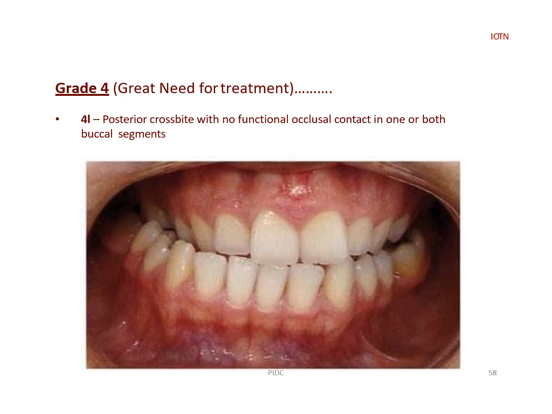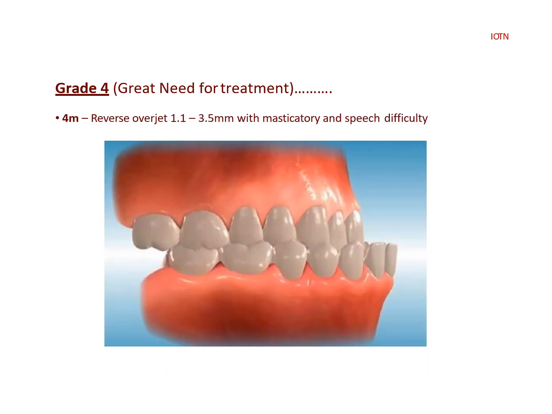So that is called 4L. What is 4M? Reverse overjet of about 1.1 to 3.5 mm with masticatory and speech difficulty.